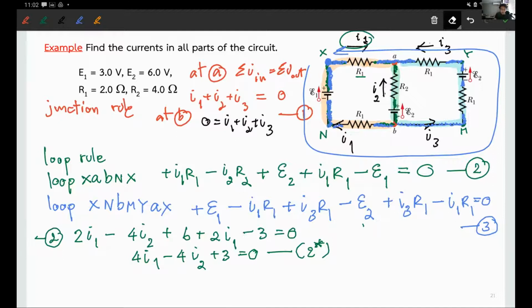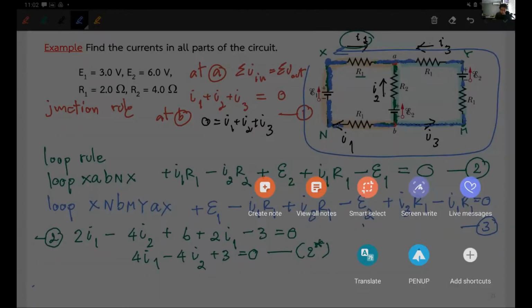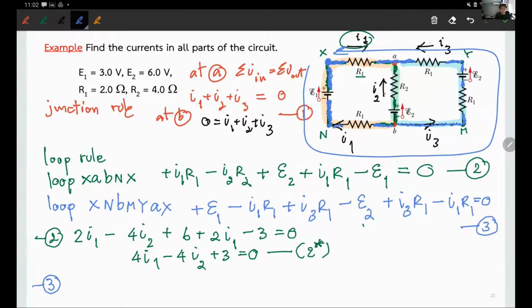Very nice. Now, equation number 3. Substitute the numbers in. E1 is 3. Minus R1 is 2, so it's 2I1 plus 2I3 minus E2, which is 6, plus 2I3 minus I1 R1, which is 2I1.